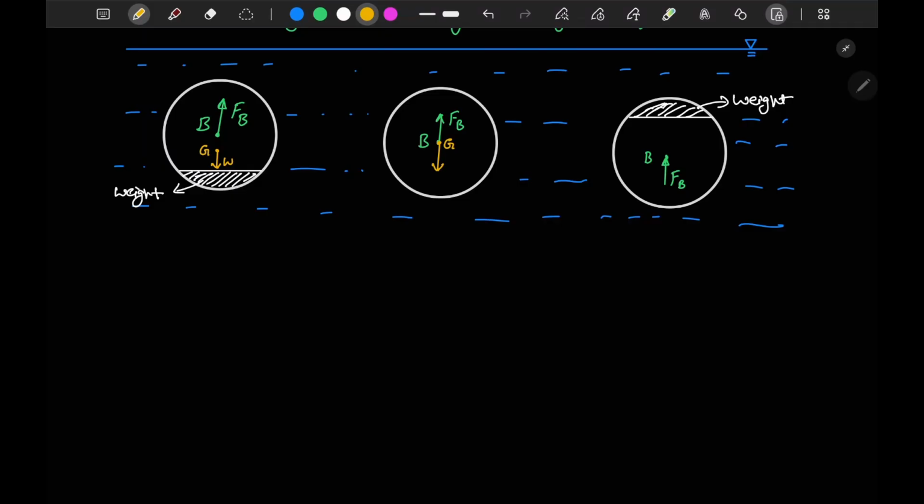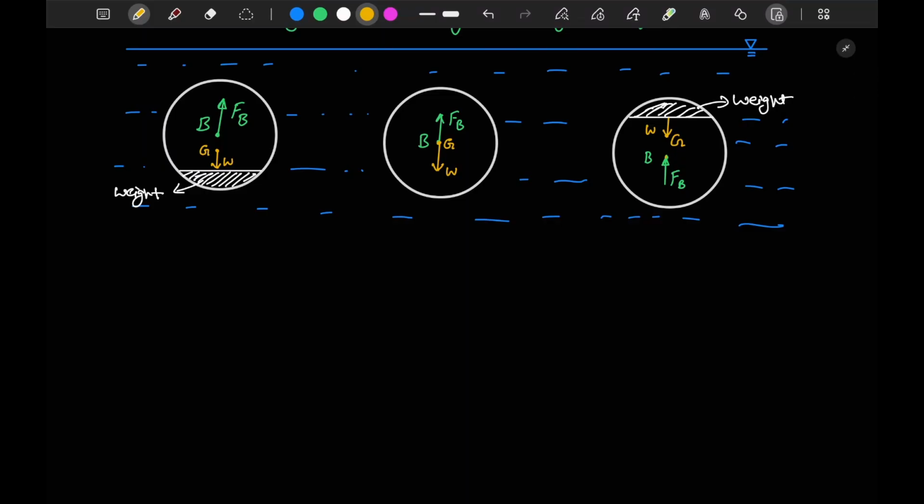Here your weight is on the upper side, so your center of gravity will lie somewhere above the center of this circle, sphere, or cylinder. At this point, let's say this is point G, and W is the weight acting on this point. So these are three cases.